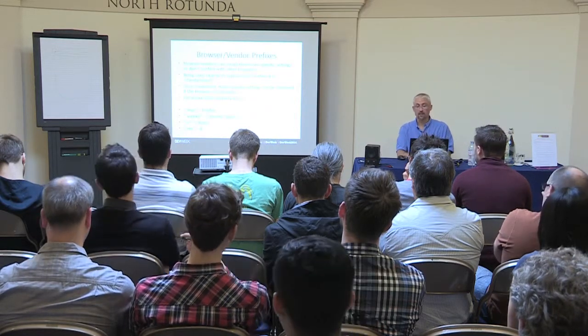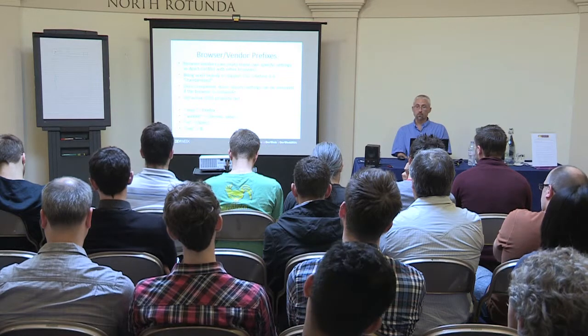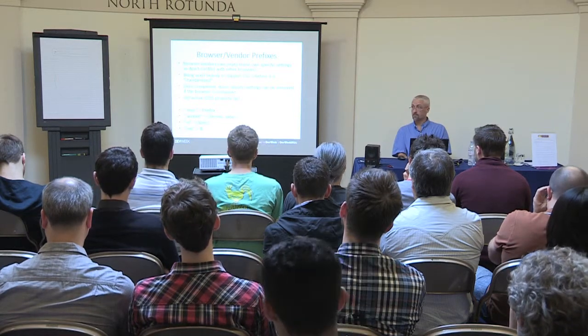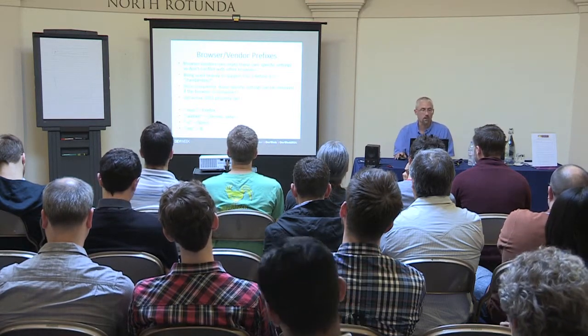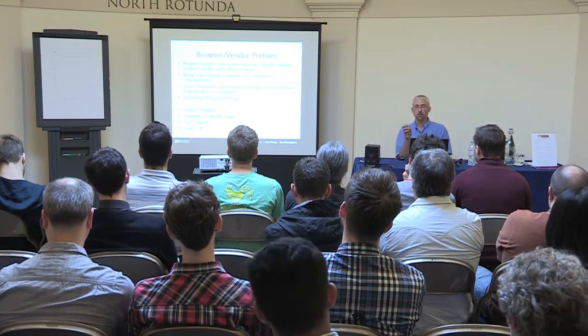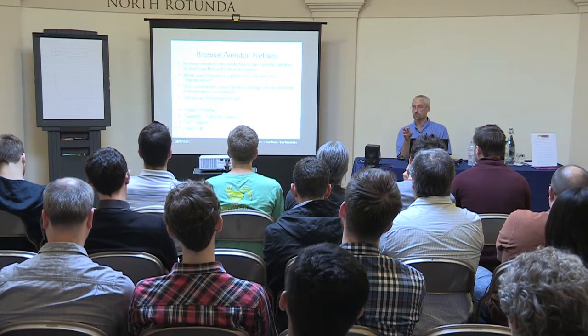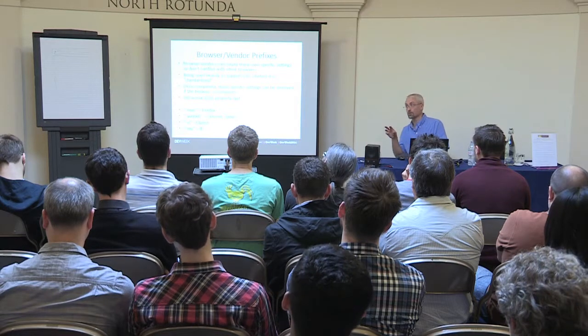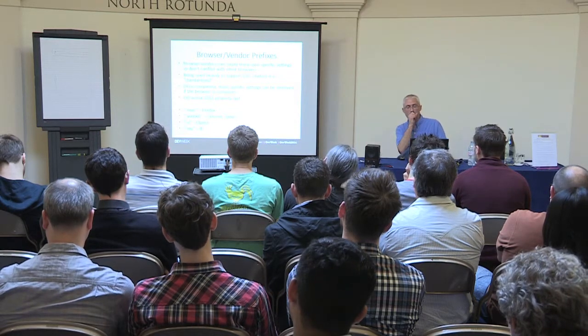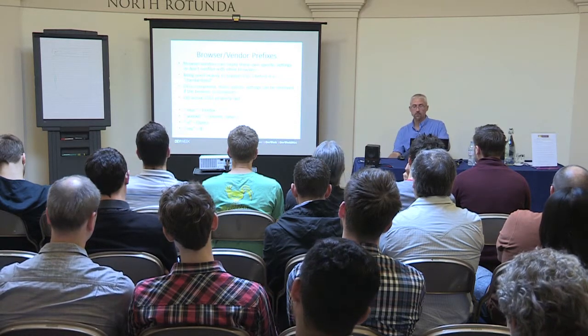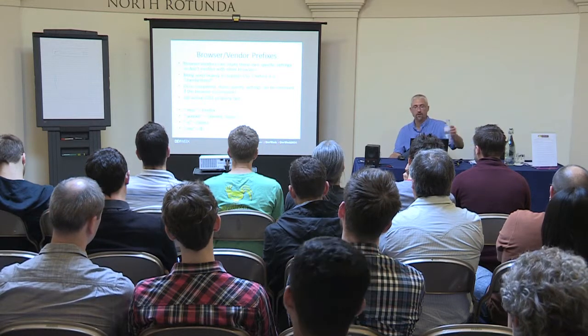As soon as you start doing a lot of CSS3 things, you're going to run into browser or vendor prefixes, right? If you've seen these before, a lot of these properties. The problem was browser vendors wanted to start using this, even though the standard wasn't done. So the properties that they use, they have prefixed with these vendor prefixes.